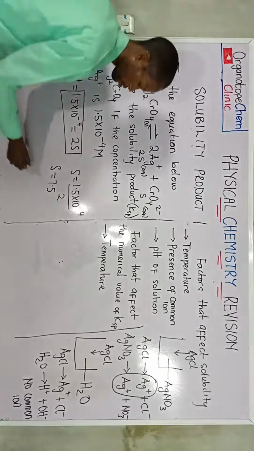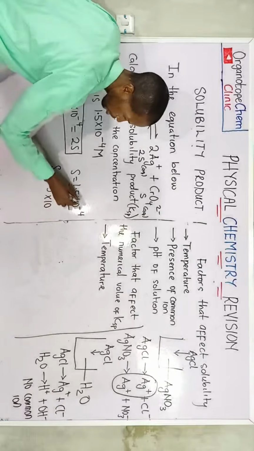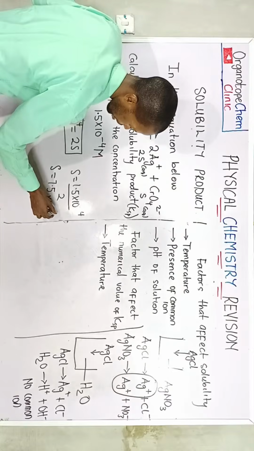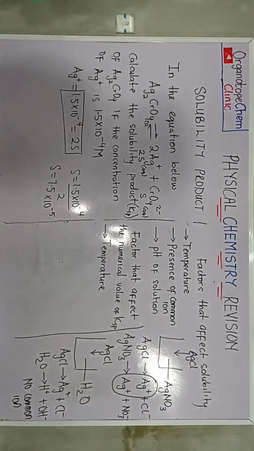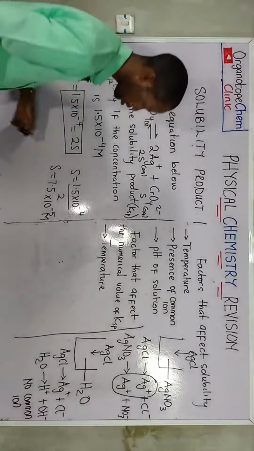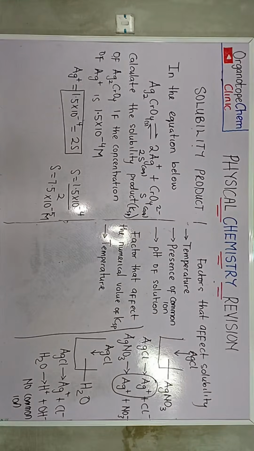7.5 times 10 raised to power, is that minus 5? Please confirm this value, 7.5 times 10 raised to power minus 5 molar. Type the correct answer in the chat. Is that value correct for solubility of individual ion?